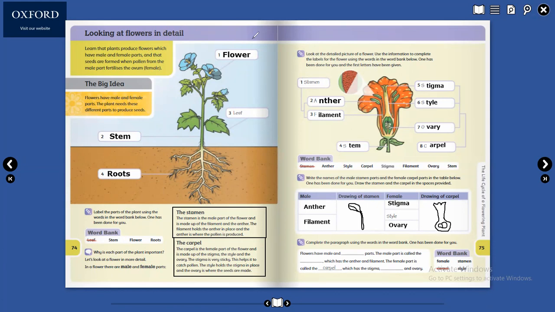Carpel. You said the stigma is from the female, right? Stigma, style, and ovary, three parts. Yes.